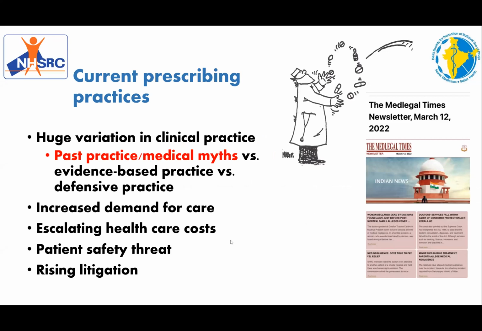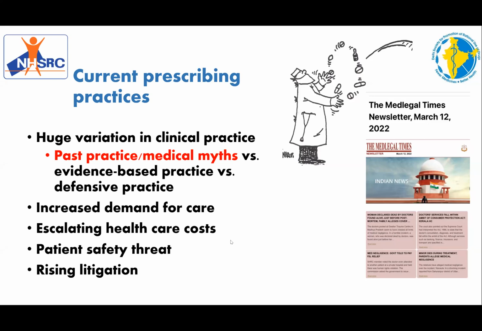Okay, there are huge variations in clinical practice. This happens, it is quite natural. Many times we think it is fine because we've been doing this for many years. Sometimes we don't realize that this is not evidence based or not supported by the evidence. For example, we have been using M-clocks, a fixed dose combination, for many years.